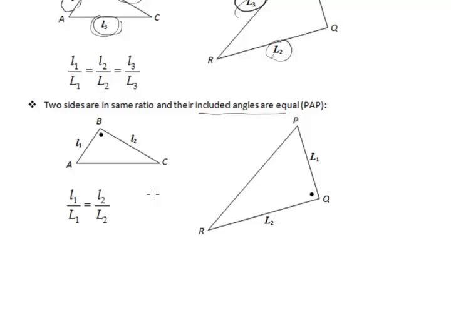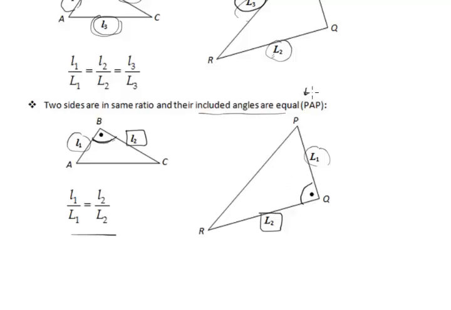So their ratio small l1 by capital L1, this side ratio to its corresponding side, and this side ratio to its corresponding side, they are equal, and their included angle, the angle between these 2 sides, are equal. Then the two triangles will be similar.